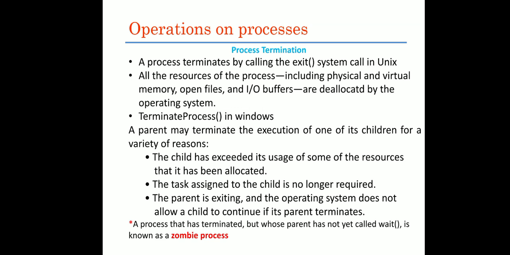This is also a possibility: when the parent process itself terminates, then if the operating system does not allow the child processes to execute, automatically all children of that parent process will be terminated.